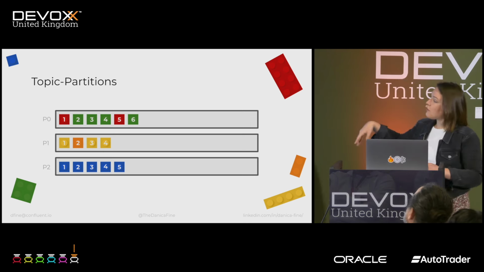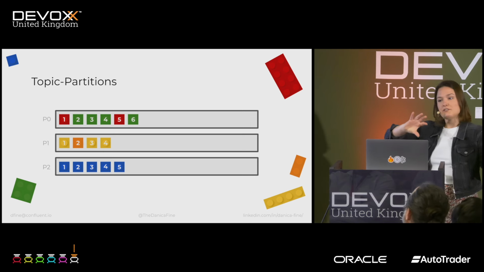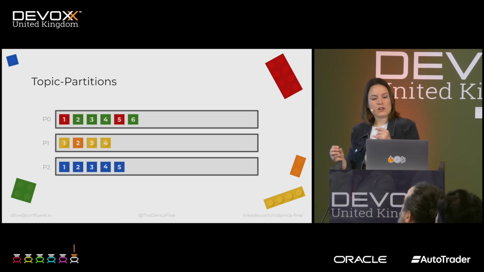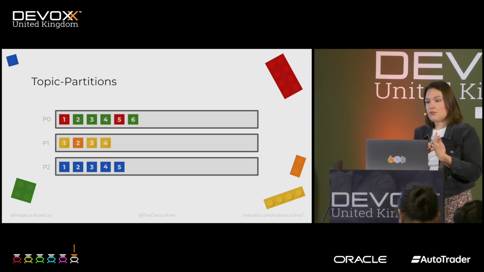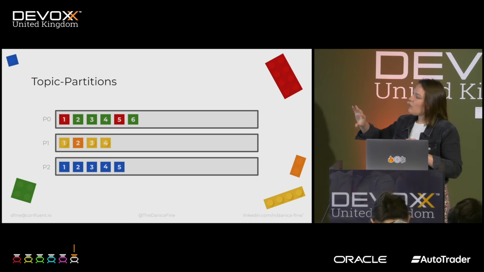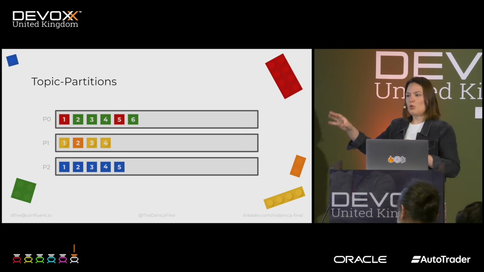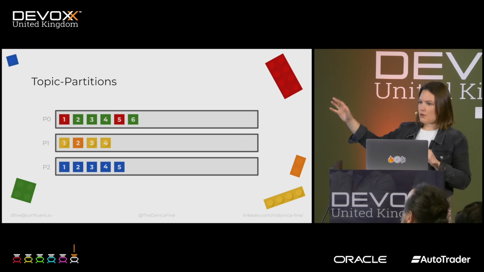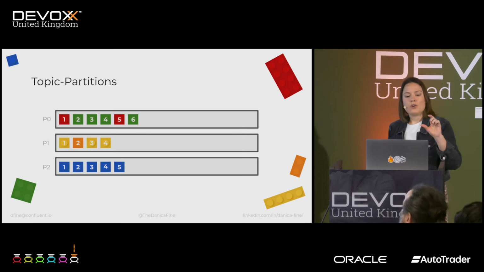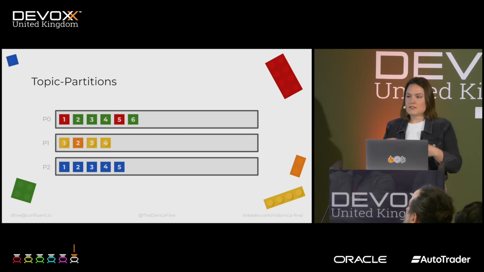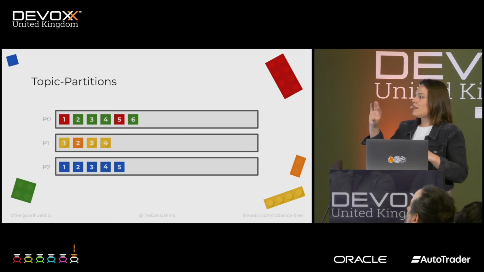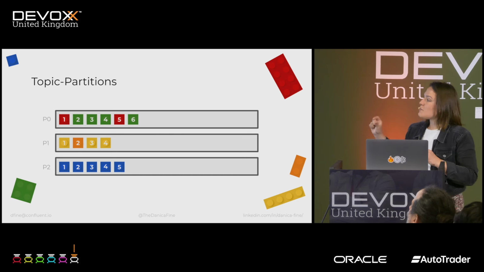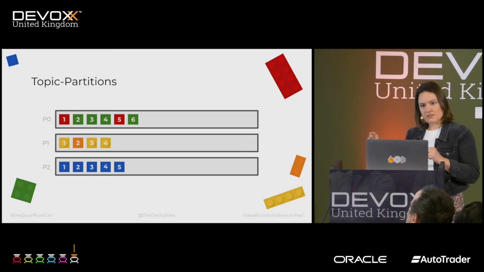So everything that you learned about topics effectively applies at the partition level. So new data is going to be appended to the end of the partition. And you'll also see that the offsets will repeat across the partitions, right? So each record is going to be assigned an offset that uniquely identifies its position within that partition, okay?